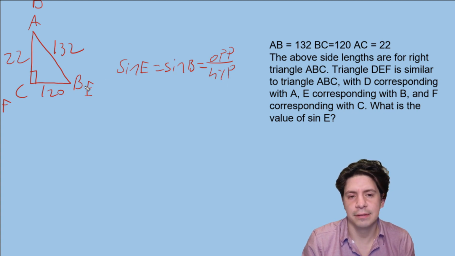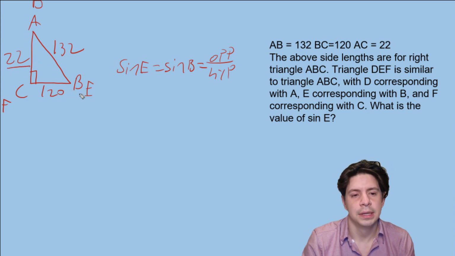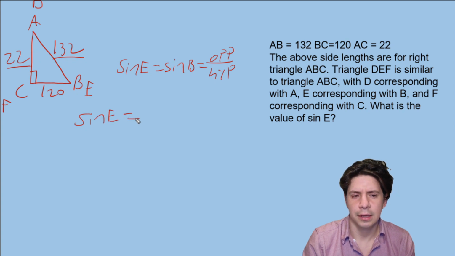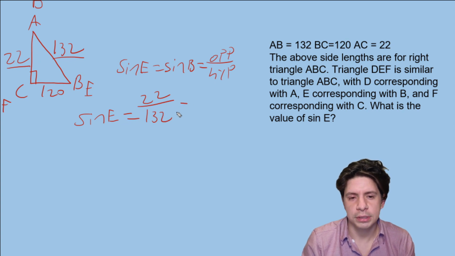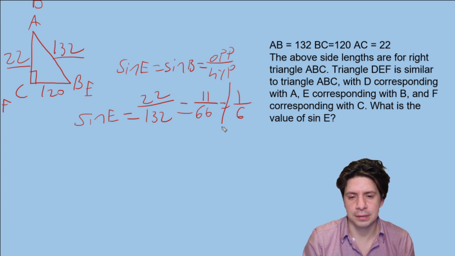So opposite of sine E is going to be 22, and hypotenuse is 132. So we're going to get sine E equals 22 over 132, which equals 11 over 66, which equals 1 over 6.